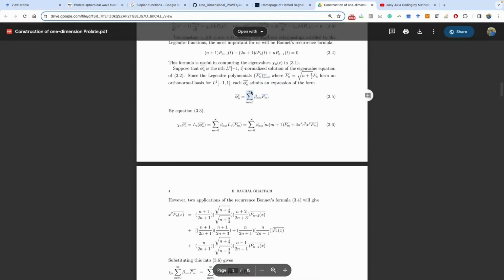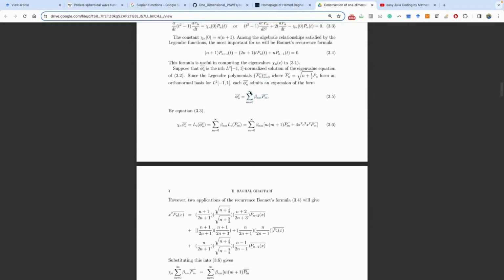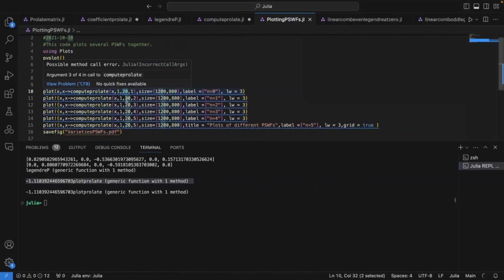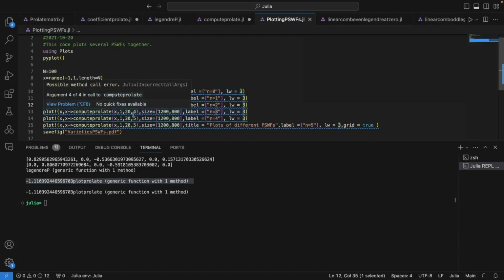I will truncate this infinity at 20, or 19, because m starts from 0 and ends at 19. It means we have 20 summands. So 20 of them, and I would like to compute the first, second, third, fourth, and fifth Prolate Spheroidal wave functions.